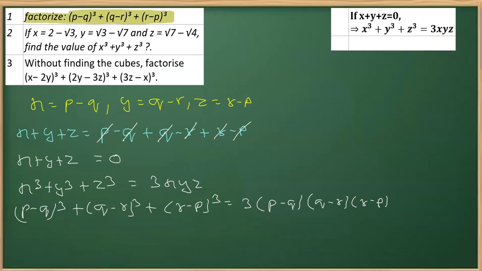Since it's a question of factorization, we are not required to multiply or expand it further. We will end the answer here only. This is how the first part can be done. In the same manner, the other parts can be done.